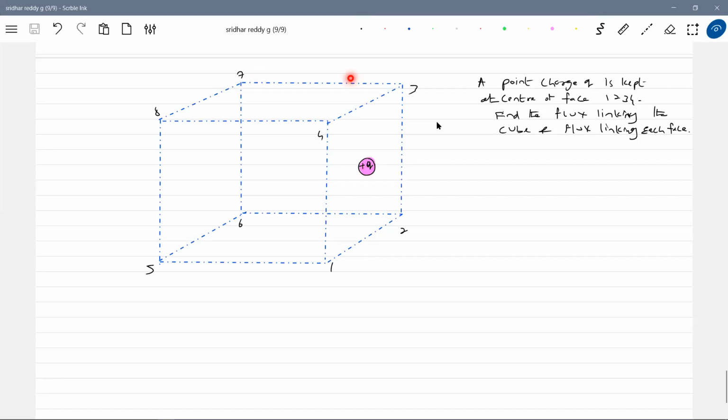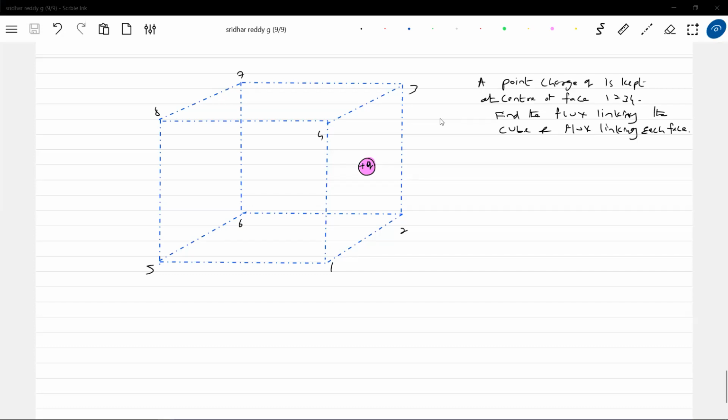At least can anybody tell the flux linking the cube?